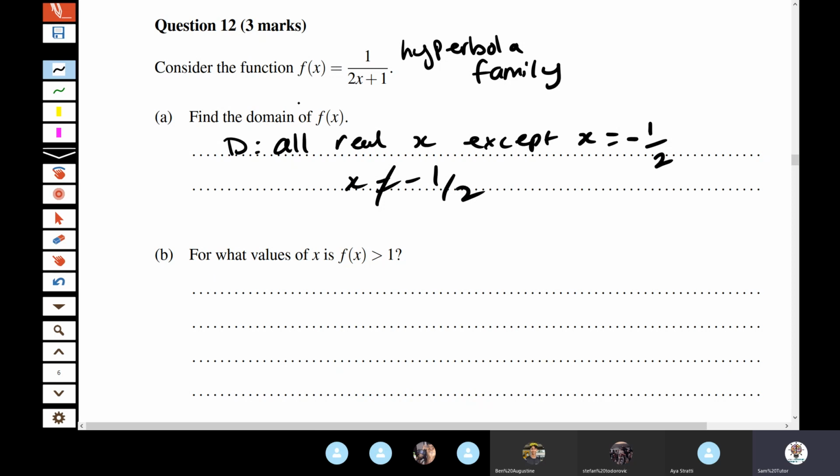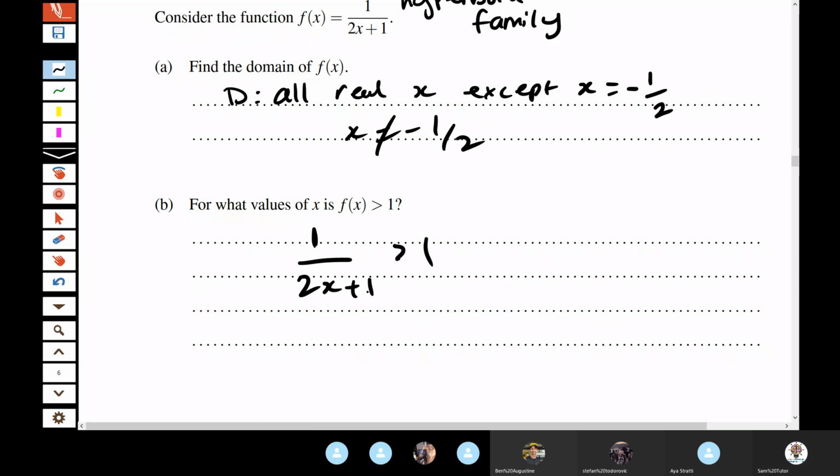For me, I just go, well, that's f of x. Just make it greater than 1 and solve. Bang. That's it. So 1 equals 2x plus 1. 0 equals 2x. X equals 0.